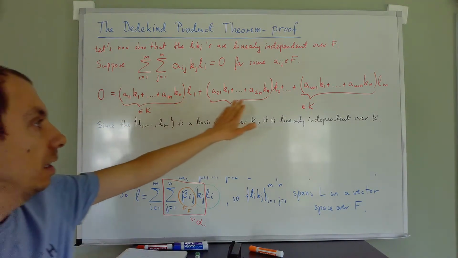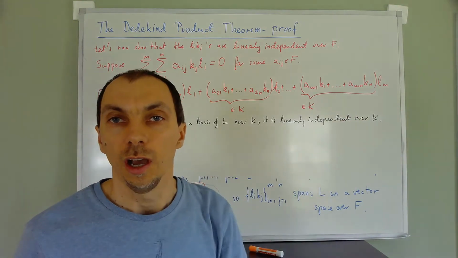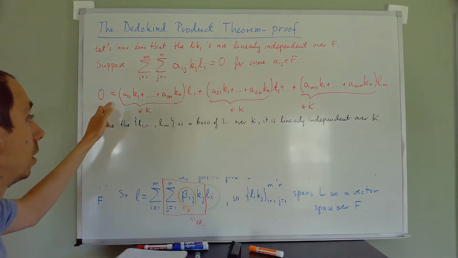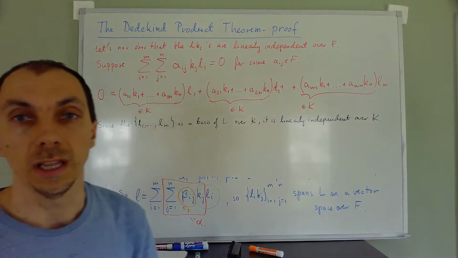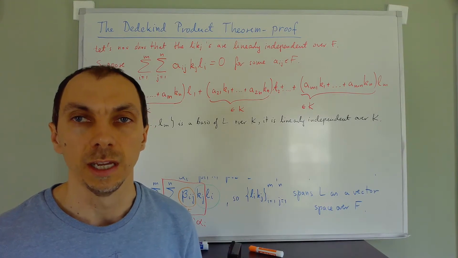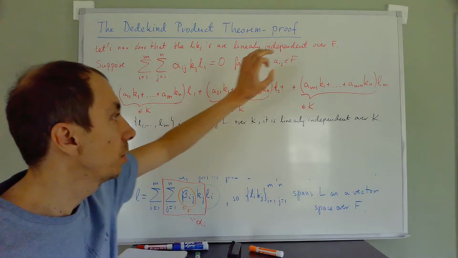I have a K-linear combination of the l_i's giving me 0. And because the l_i's are linearly independent over K, that means each of these coefficients must be 0.